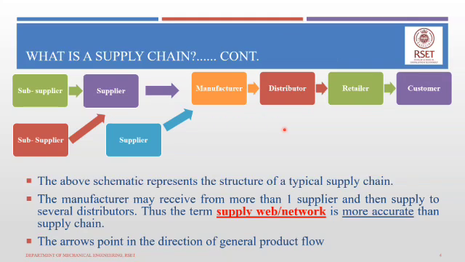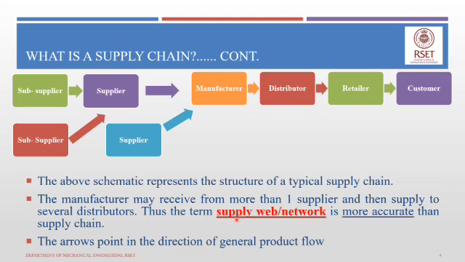So essentially, the term supply chain is not actually an accurate description. What would be a more accurate or appropriate term would be a supply web or a supply network. So in this example, you can see that the manufacturer may receive from more than one supplier and then supply to several distributors. At the same time, the distributor might supply to several retailers as well.